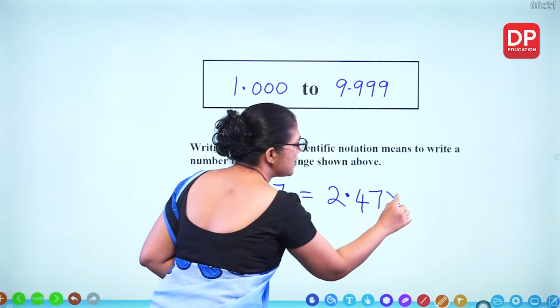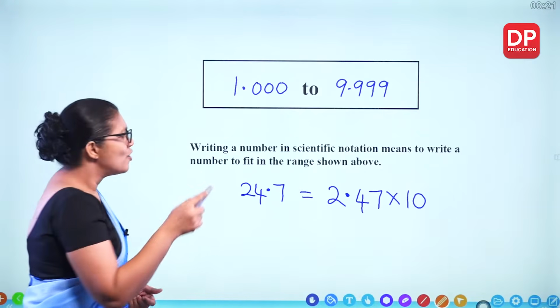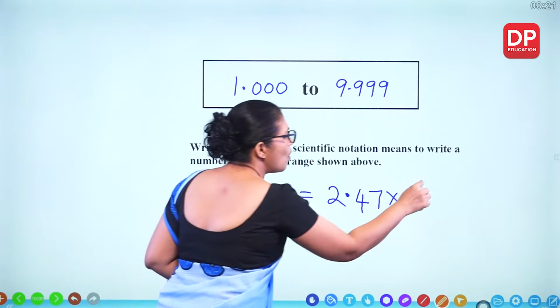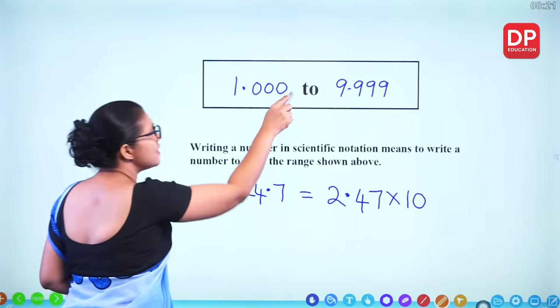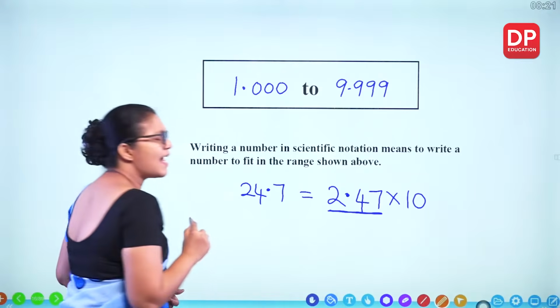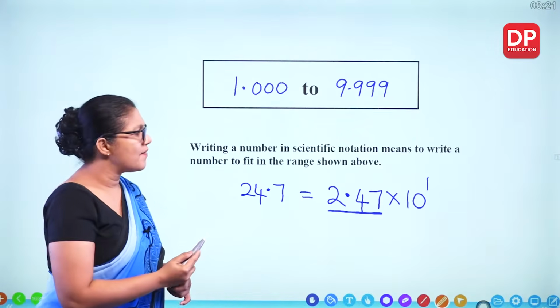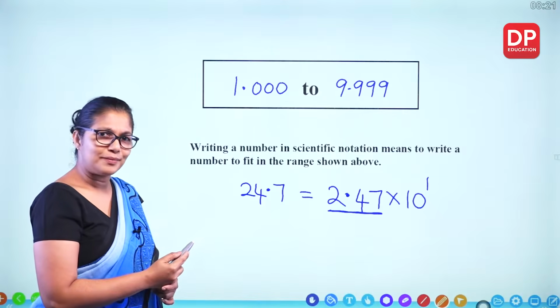If we multiply this by 10, we get 24.7. So that means we can put this number into this range. Now this is less than 10. So we can write this one as 2.47 times 10 to the power 1.